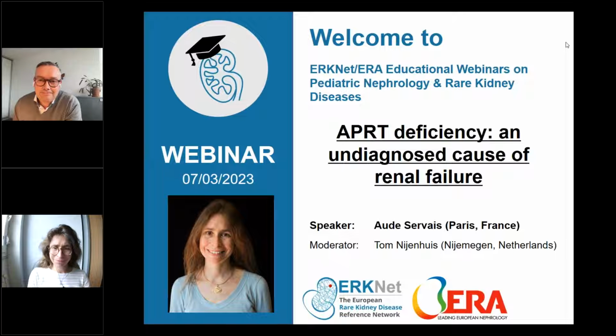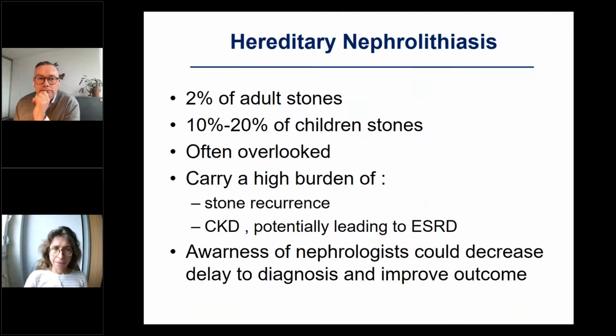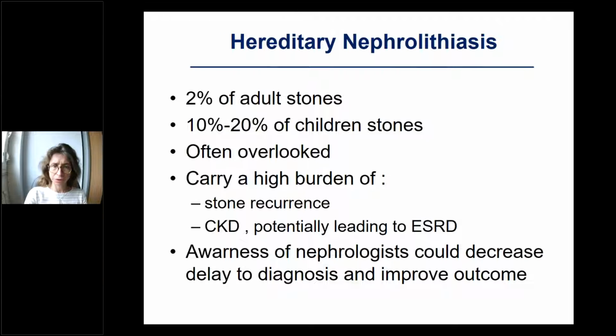Thank you very much, Tom. Good afternoon. We will speak today about APRT deficiency, which is, as you said, an underdiagnosed cause of renal failure. This is in the family of hereditary nephrolithiasis, which represents 2% of adult stones, but 10 to 20% of children's stones.